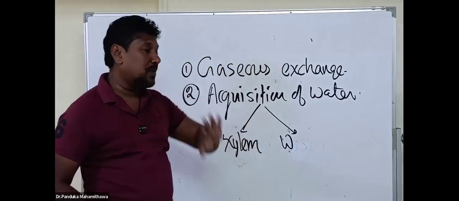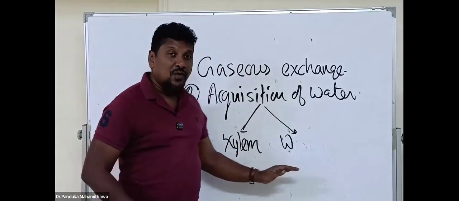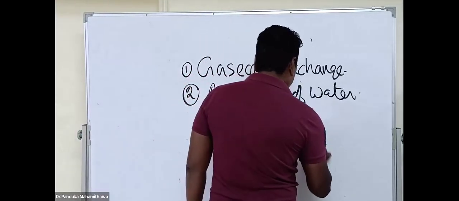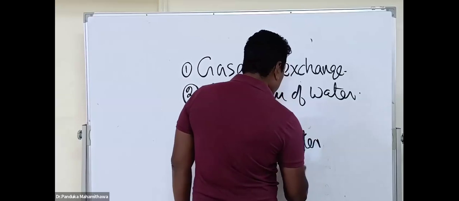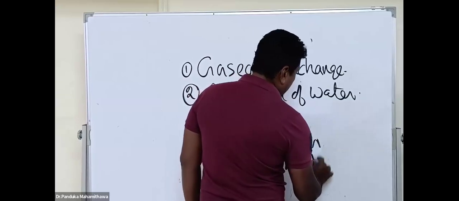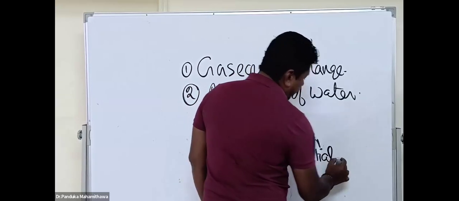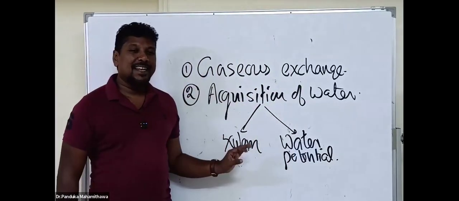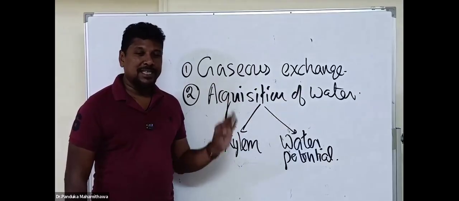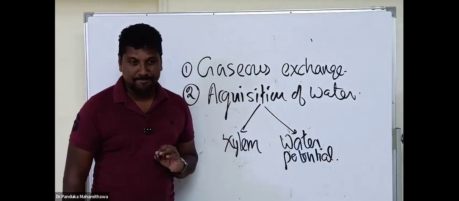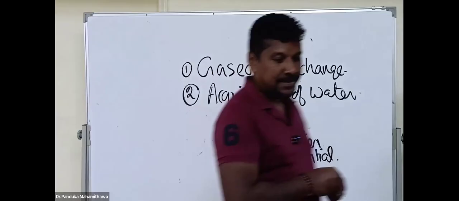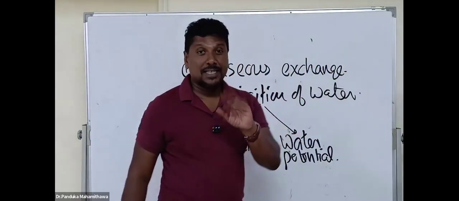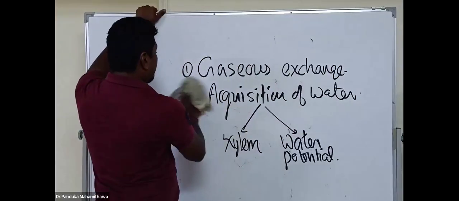For that, water potential is very, very important. Okay, right. So these are the things that you are going to cover in this tute number 3. Okay, good. Right. So first we'll learn what this gaseous exchange business is.